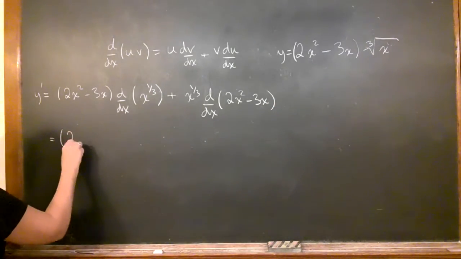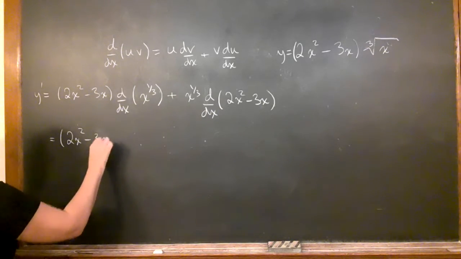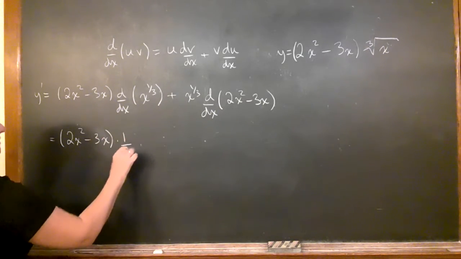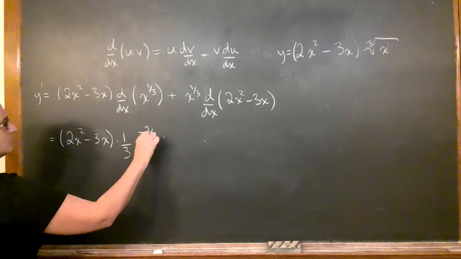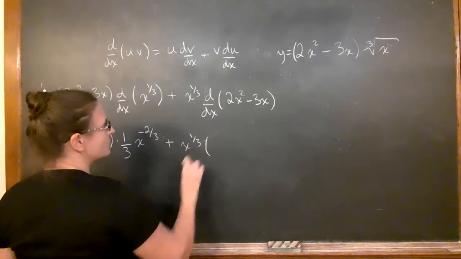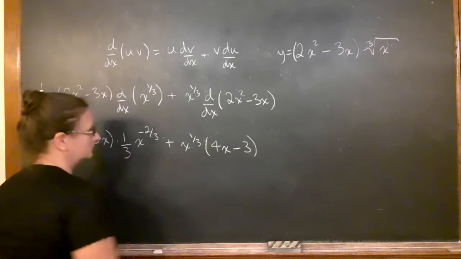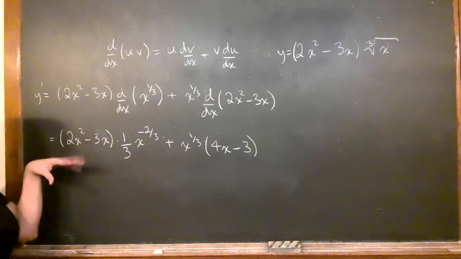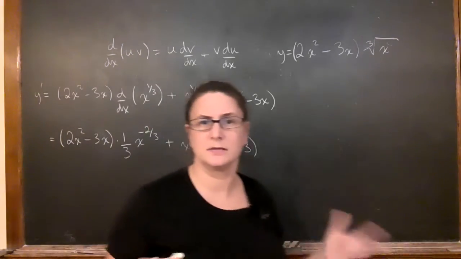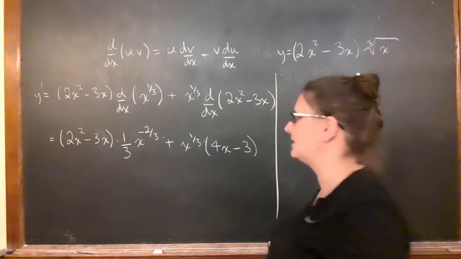So that gives me 2x squared minus 3x times 1/3 x to the negative 2/3 plus x to the 1/3 times 4x minus 3. And then I can do some algebra to clean that up, combining like terms. I'll do it in a minute.